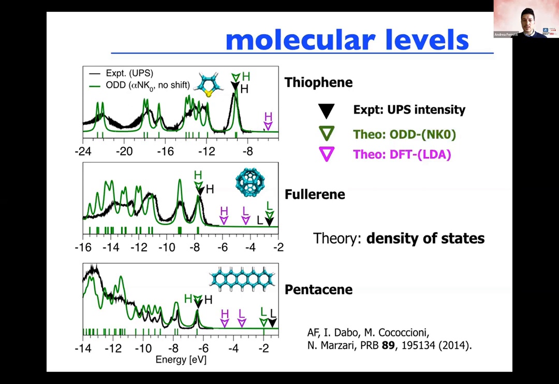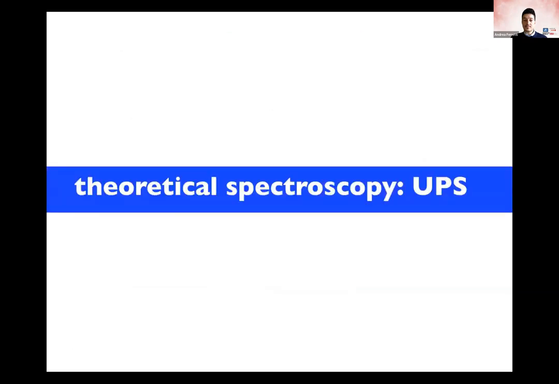It's important to notice that HOMO and LUMO at the LDA level are quite off within the gap. And often in the literature, people perform a realignment of local and semi-local functionals to the HOMO peak. Here, there is no realignment. So this is the actual HOMO that comes out of the calculation that is pretty spot on the experimental one. And then we also have some decent description of the low-lying states.